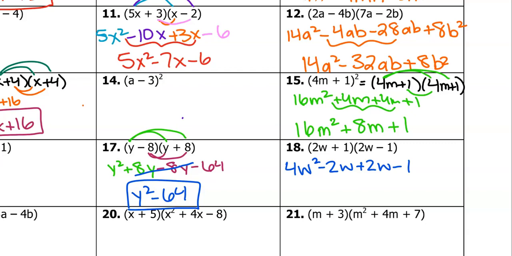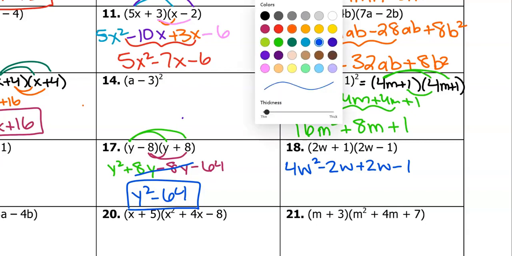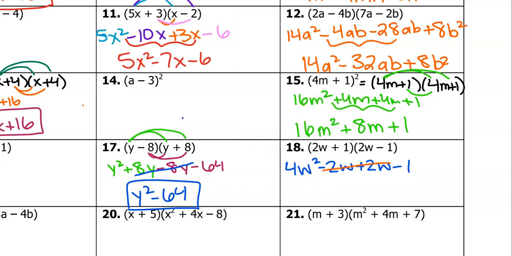Those were conjugates, right? My middle pieces should cancel out. Does that happen? Is negative 2 plus 2 0? Yes. So we're left with 4w squared and then minus 1. That's another word you should remember for algebra 2. Conjugates. We use them a lot in algebra 2. Especially with our imaginary numbers.